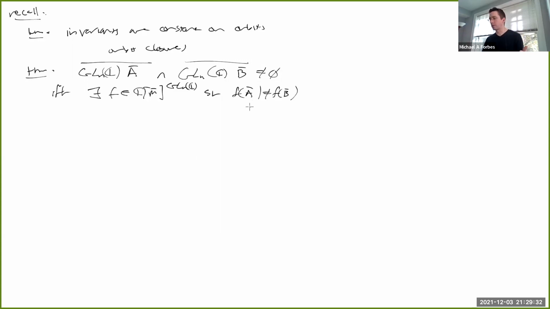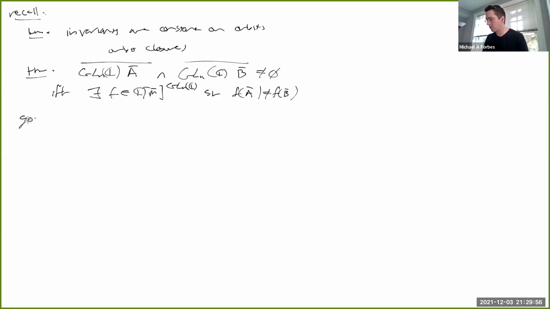And so we're basically trying to understand what are these points, how do we classify them, how do we work with them? We could work with all of the invariants at once, but there's infinitely many. So the idea is that we want to reduce the set of all invariants to a small number of invariants that capture exactly this question of whether there exists an invariant that separates two particular points.